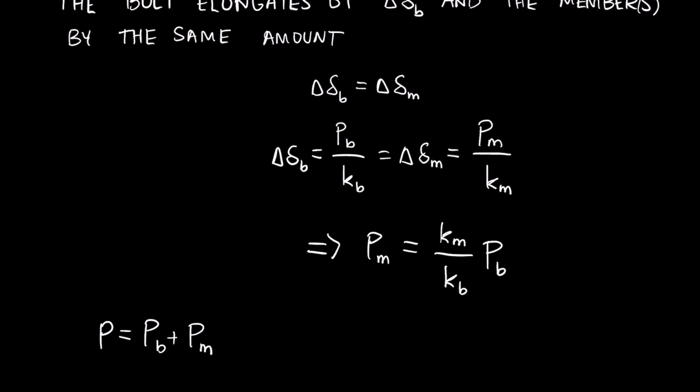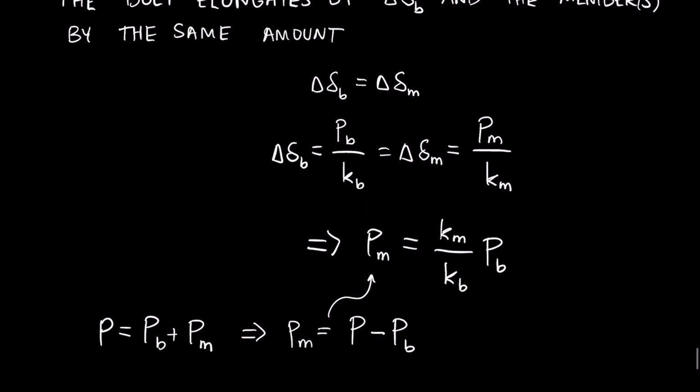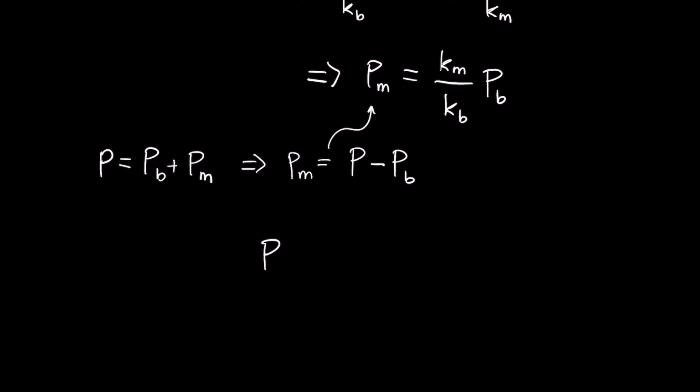So I can rearrange this to say that PM is equal to the total external load minus the portion that goes to the bolt, and I can substitute this into our previous equation to find an equation for the portion of the external load that goes to the bolt. And it turns out that the portion of external load that goes to the bolt is equal to the stiffness of the bolt times the external load divided by the stiffness of the bolt plus the stiffness of the members.